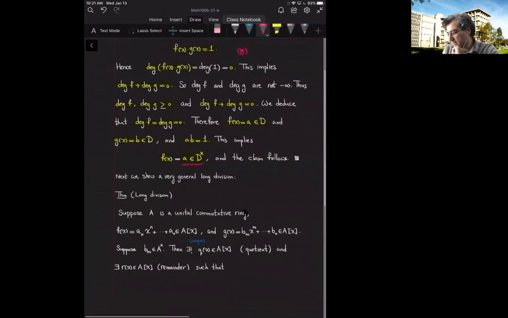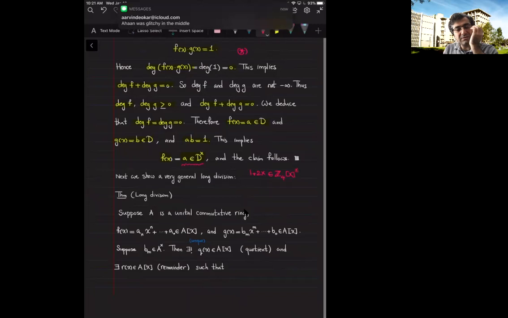Show that 1 plus 2x is a unit in Z4[x]. It's kind of a result that you have already seen. Notice that 2x is nilpotent inside this ring. And therefore, you have seen that if a is nilpotent, then 1 plus a is a unit.